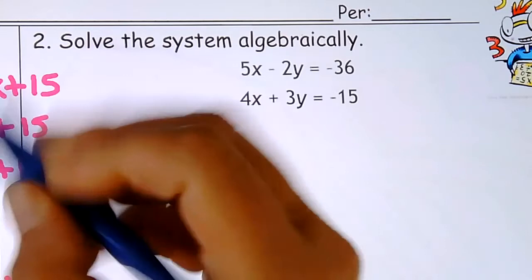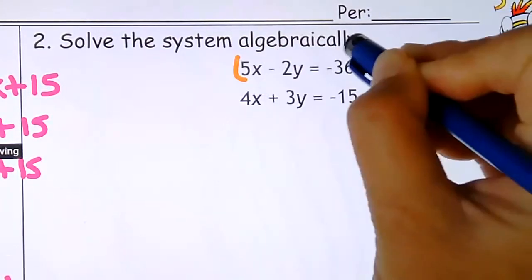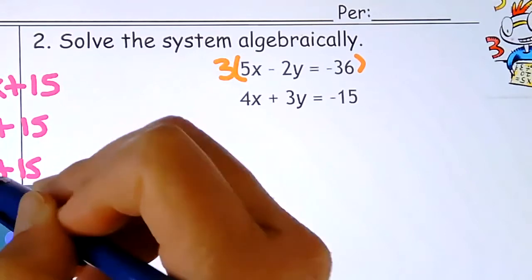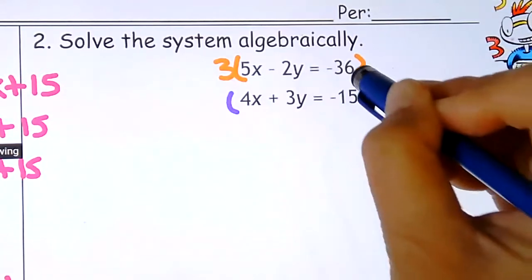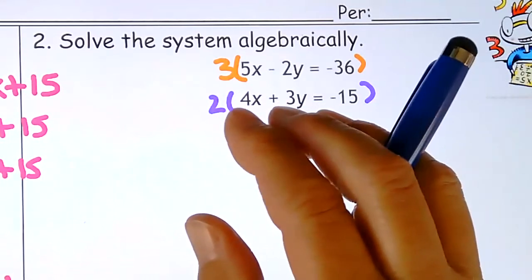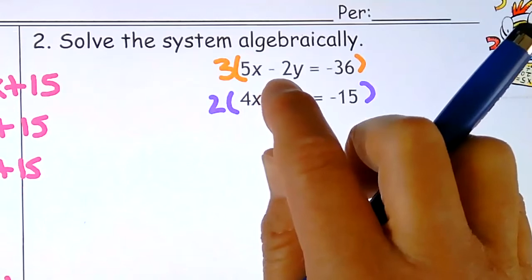So since this is a negative and this is a positive, I think I'm going to try to do my y's. So I am going to multiply the top equation by 3, and I'm going to multiply the bottom equation by 2. And sometimes it's tempting to go, oh, I need them opposite, so one of them needs to be negative. This is already negative, so don't do that.